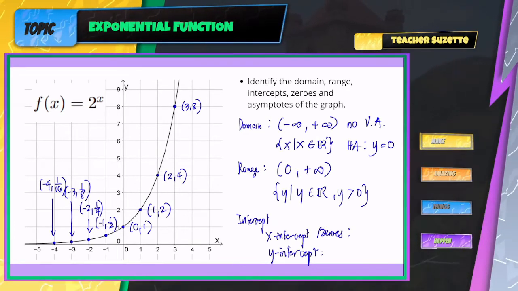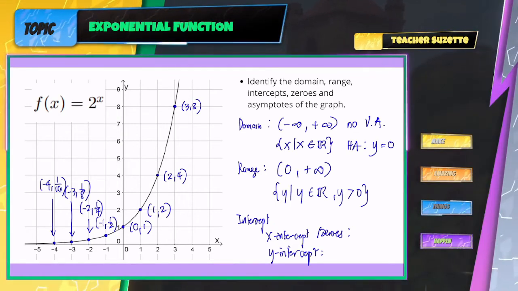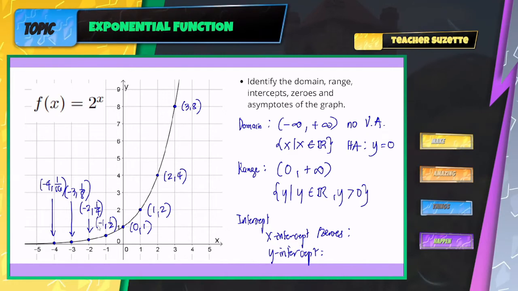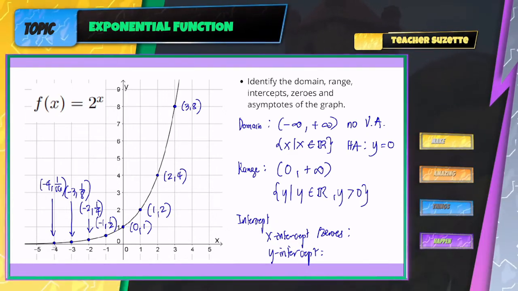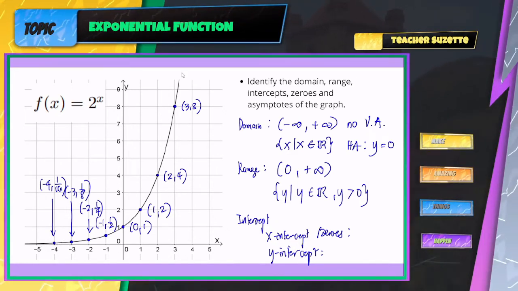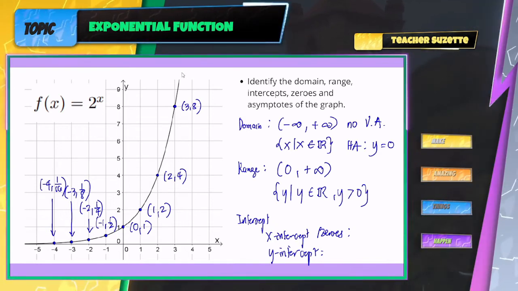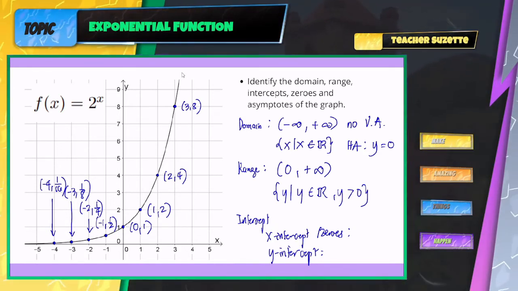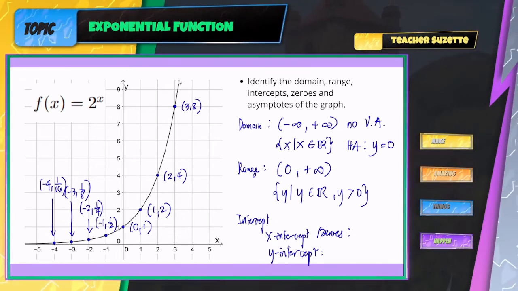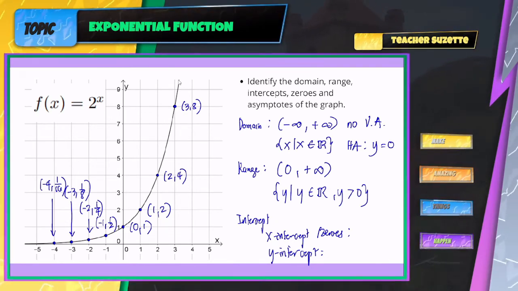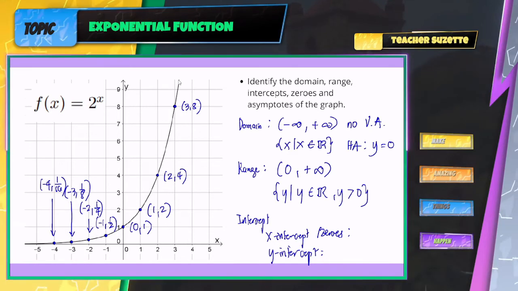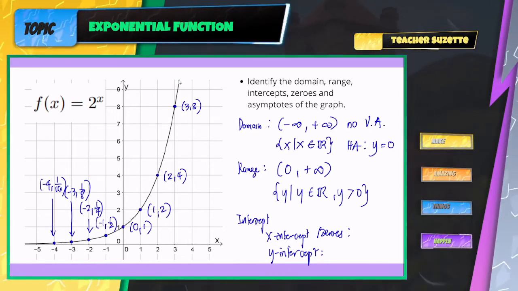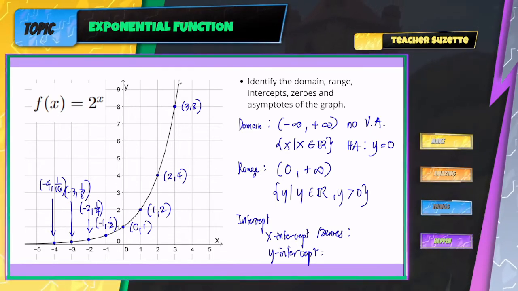Now, let's identify the intercept of our graph. So, upon checking, mas mabilis nating malalaman yung ating mga intercepts upon checking the graph itself. So, when you say x-intercept, this is a specific point wherein yung ating graph at yung ating x-axis will intersect. As well as sa y-intercept, ganun din, a point wherein your y-axis and your graph will intersect.